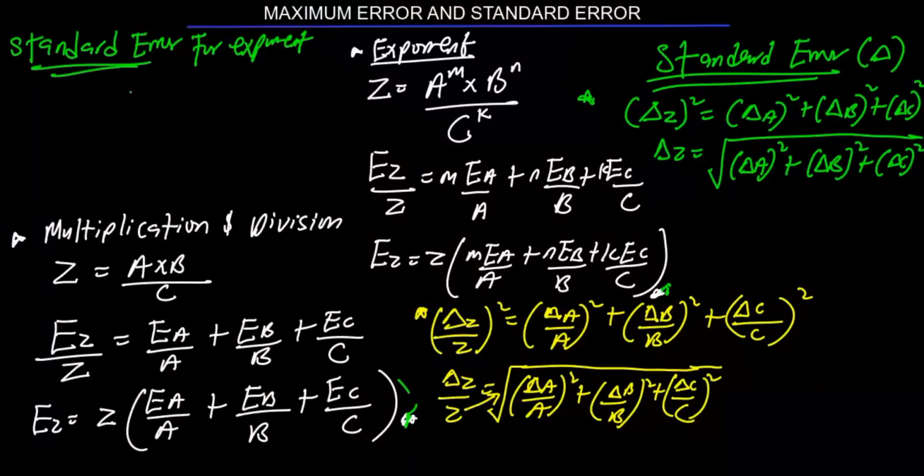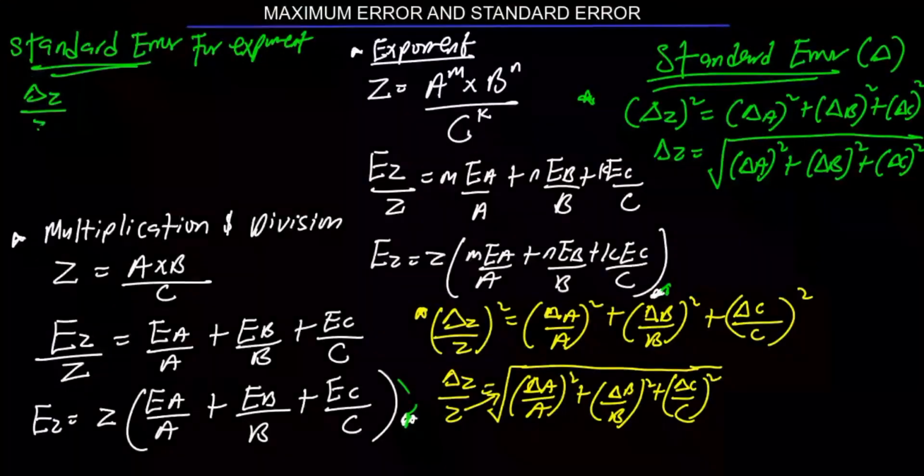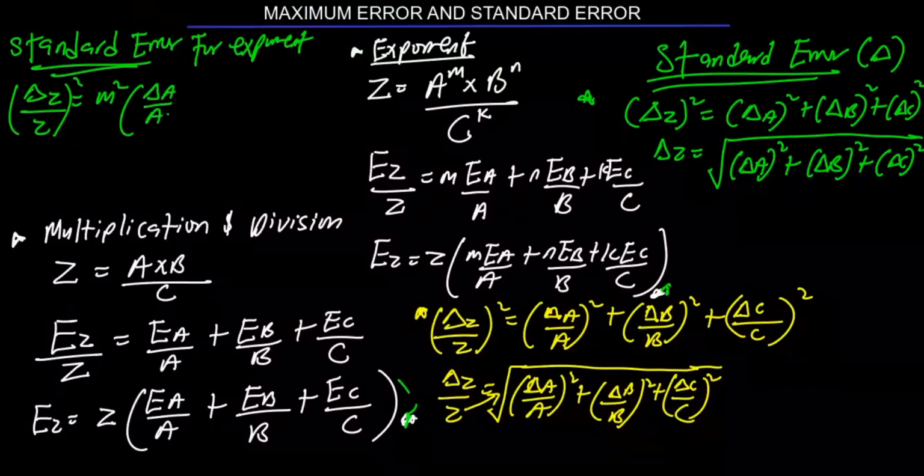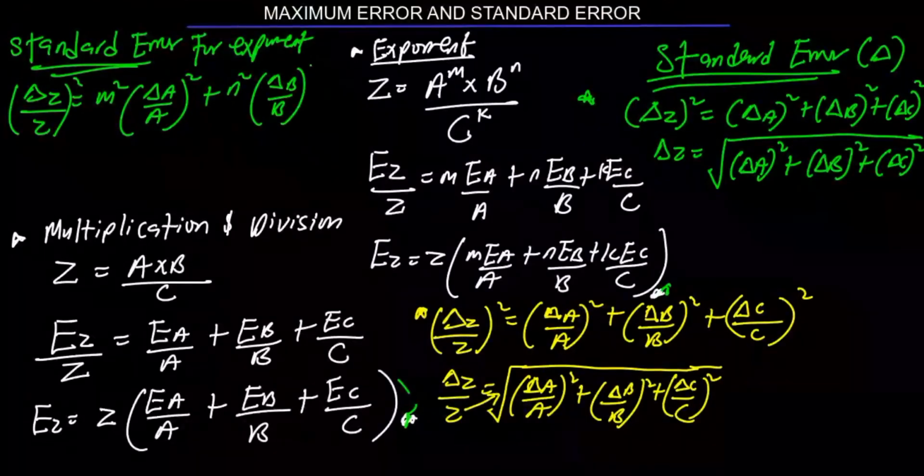Square each of these terms and put, so I'll say delta Z over Z, square equals M square delta A over A square. You can see the trick. Then N square delta B over B square.